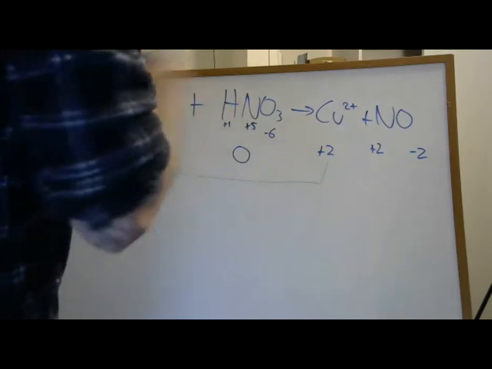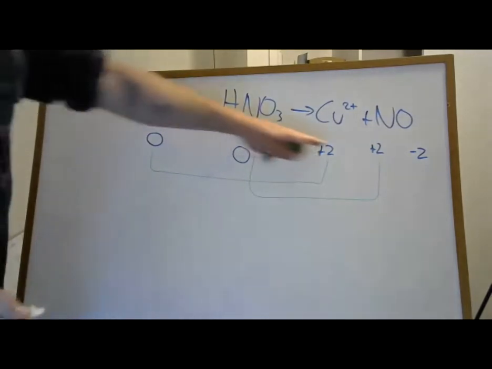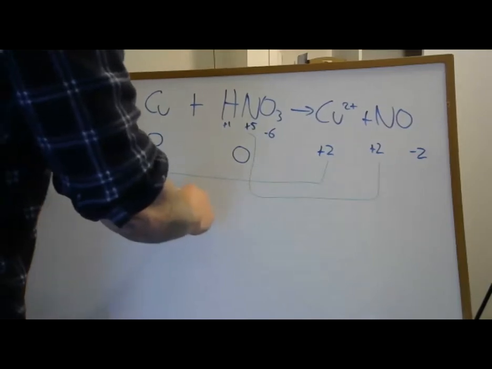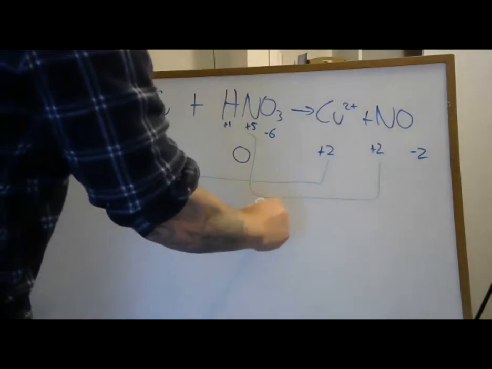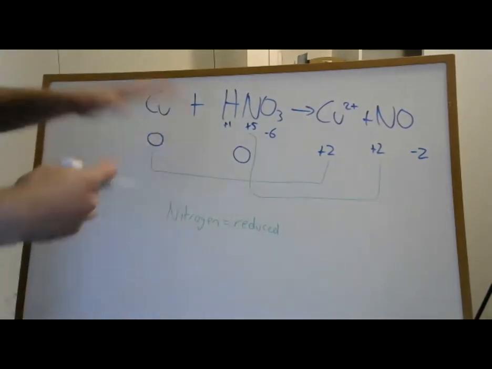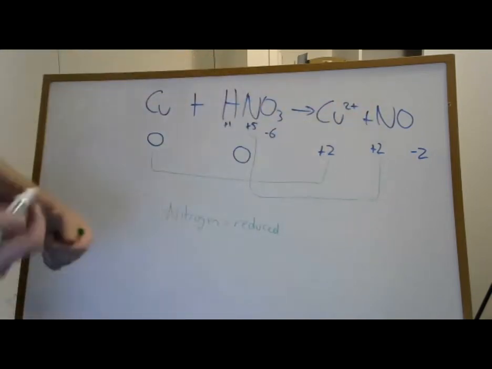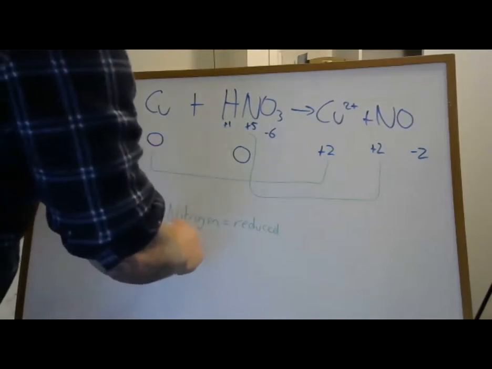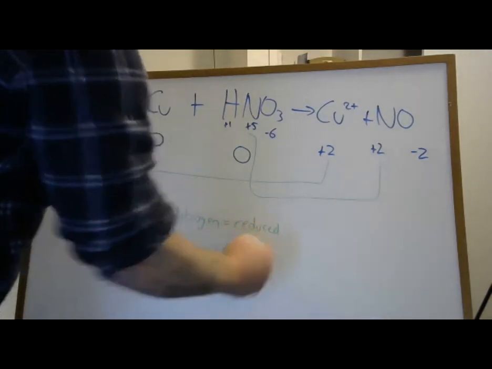So nitrogen has gone from an oxidation state of +5 to +2. So nitrogen has been reduced. We know that because its charge has gone from +5 to +2, so it's gained some electrons. Now I know copper has only lost 2 electrons and seemingly nitrogen has gained 3, but we will balance it out at the end. Copper is oxidized.